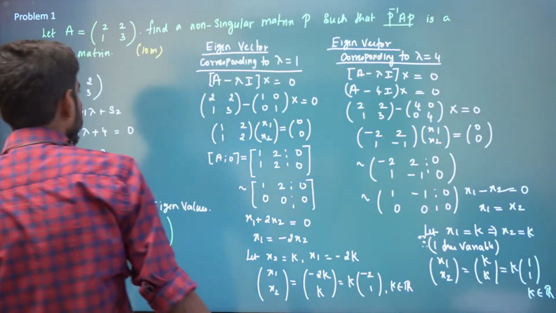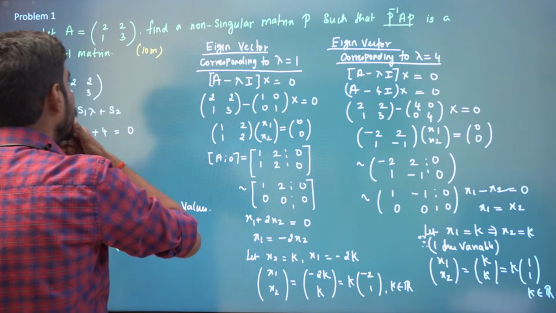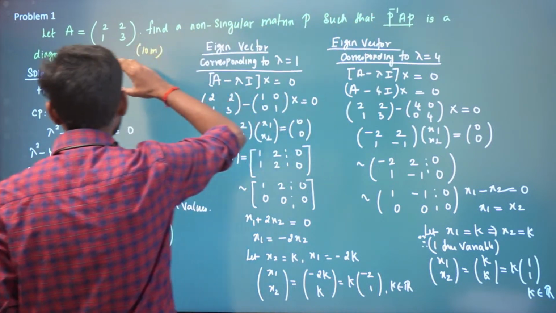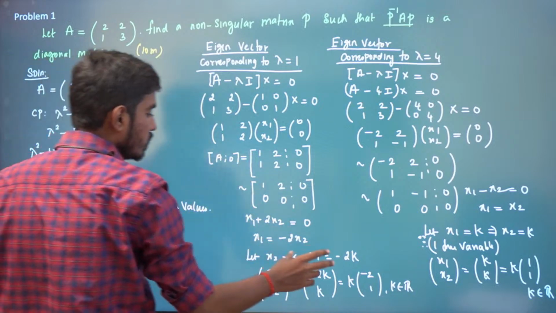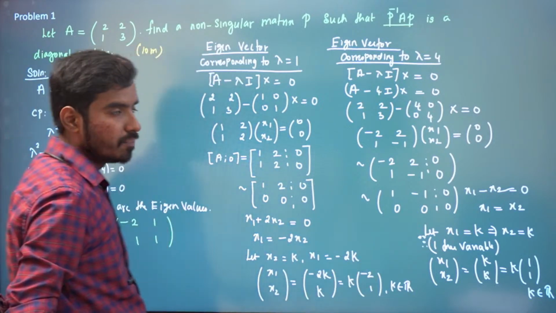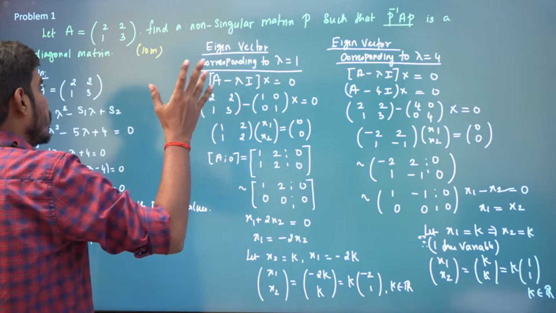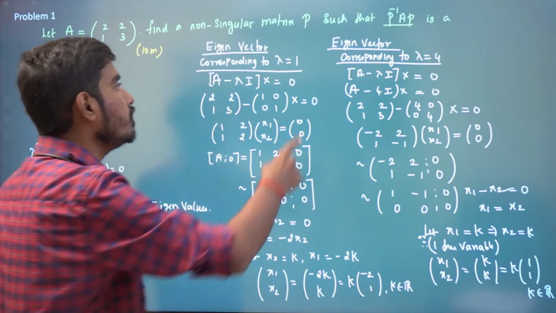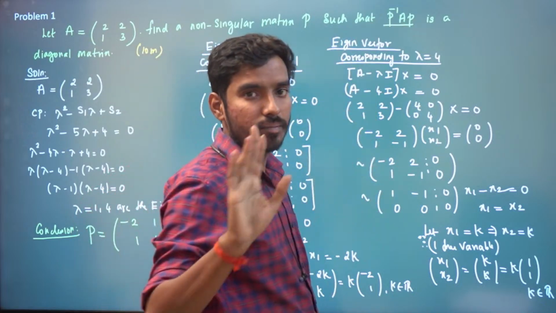Okay, so we'll move on to the next problem. So, a 10 mark question. If you want to find a non-singular matrix P such that P inverse AP is a diagonal matrix, that P is nothing but your eigenvector matrix, right? See, you cannot always find a non-singular matrix P such that P inverse AP is a diagonal matrix for every matrix.